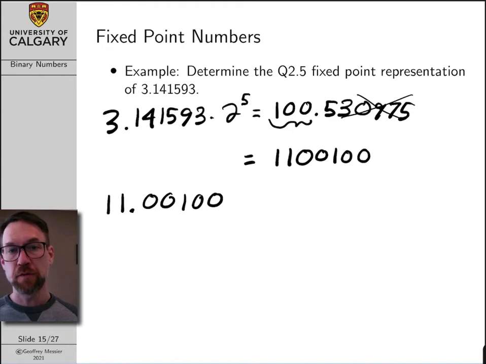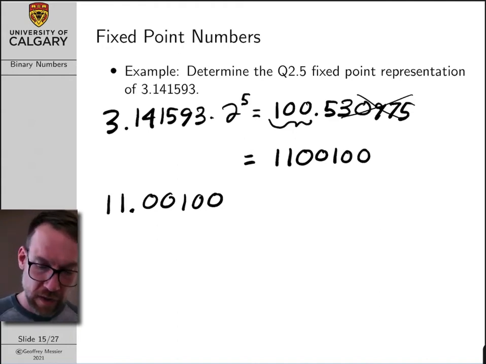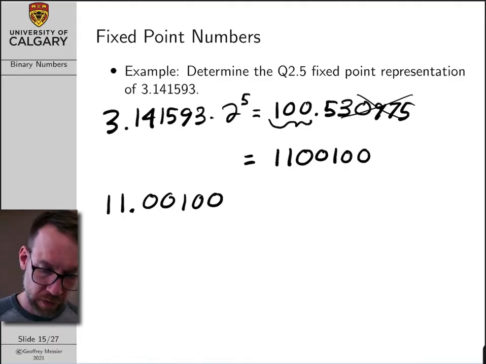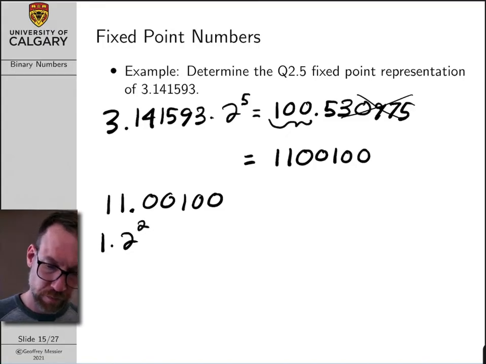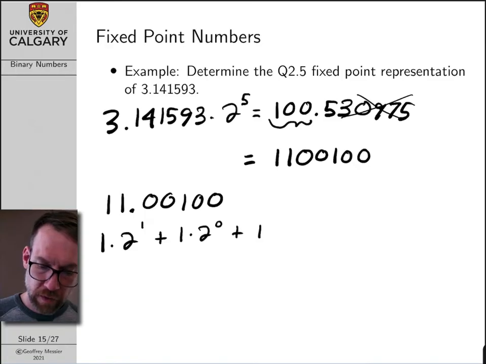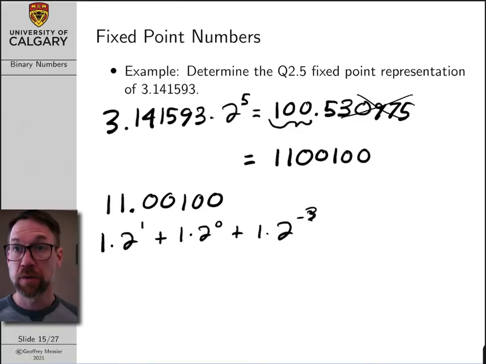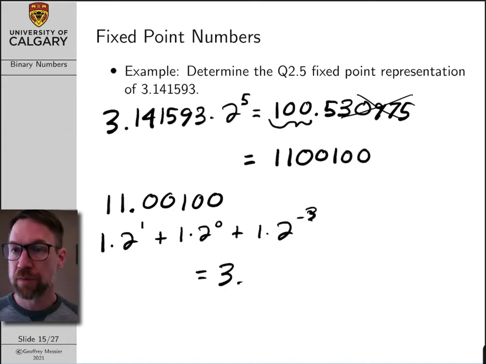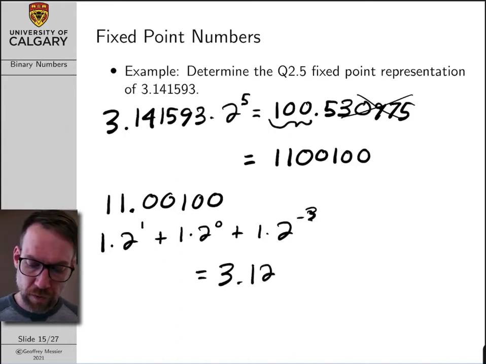However, if we then took this fixed point number and converted it back into base 10, we would get, and again, I'm not going to show the 0 terms, 1 times 2 to the 1 plus 1 times 2 to the 0 plus 1 times 2 to the minus 3, which is equal to 3.125.